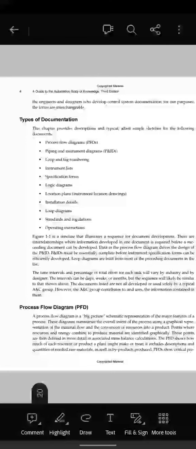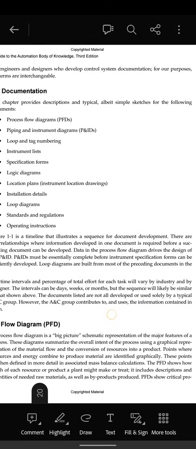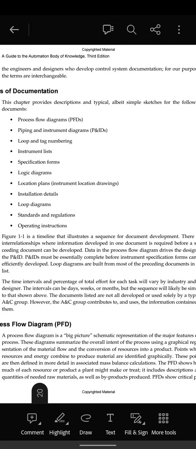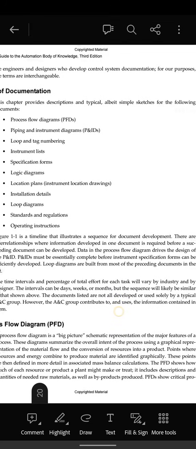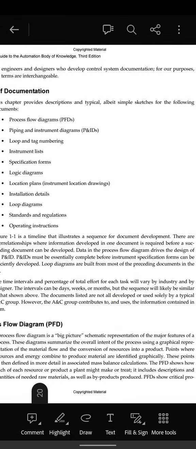Figure 1.1 is a timeline that illustrates a sequence for document development. There are relationships where information developed in one document is required before a succeeding document can be developed.